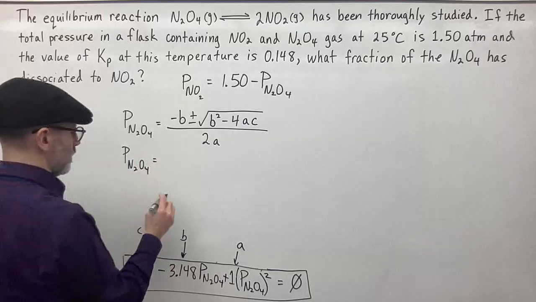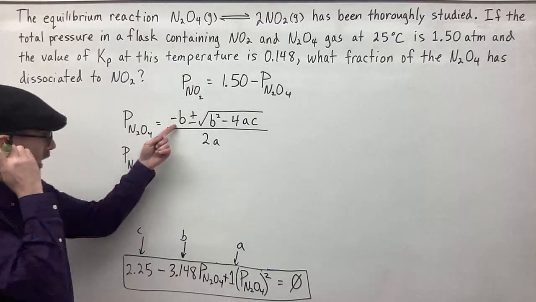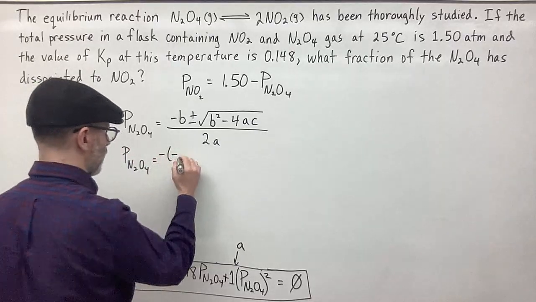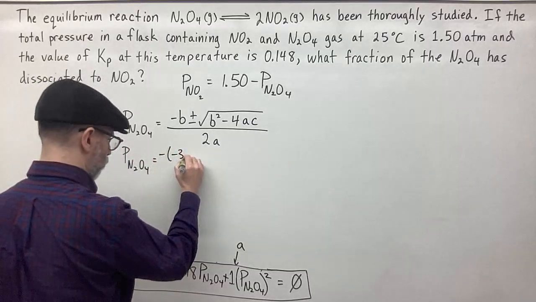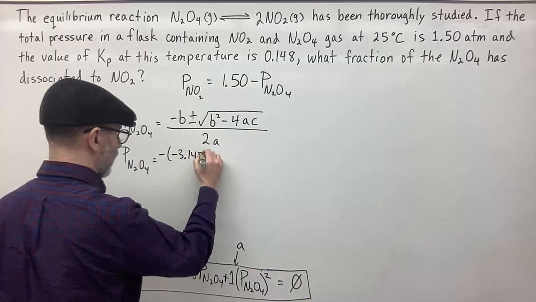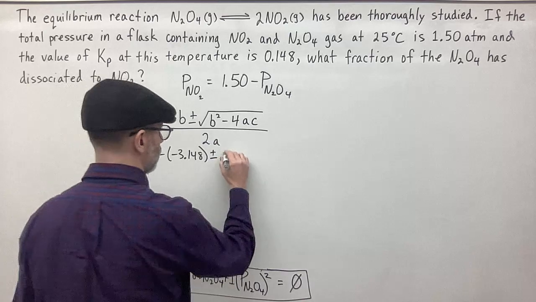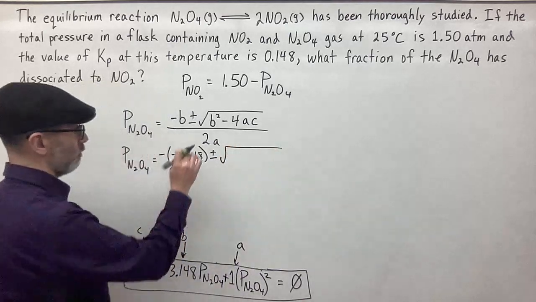So the partial pressure of N2O4 is equal to negative B, which is already negative, so it's going to be a negative times a negative 3.148, plus or minus the square root of B squared.